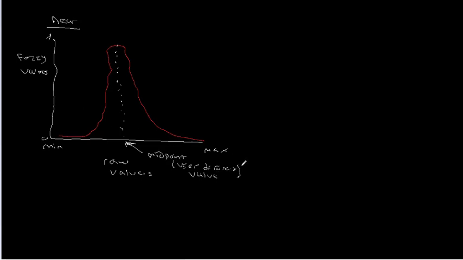And this is the point that has a fuzzy value of 1. Then, as we increase the raw value or decrease the raw value away from this user-defined value, our fuzzy value, or our suitability, decreases. In this particular example, it decreases rather quickly, both for lower values as well as higher values.